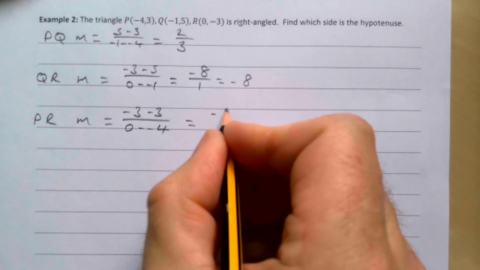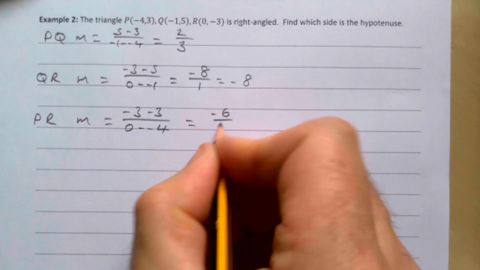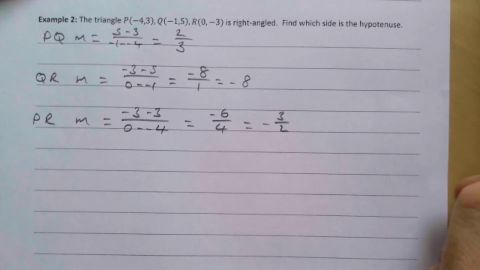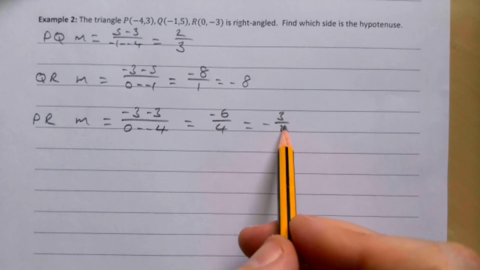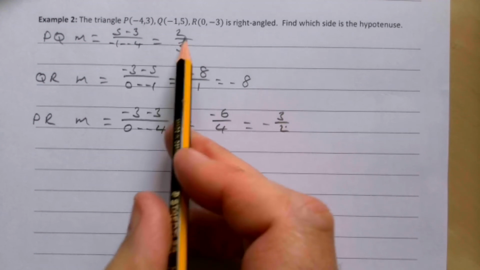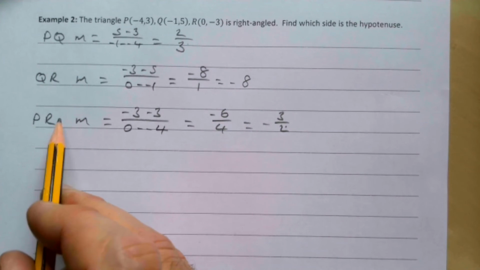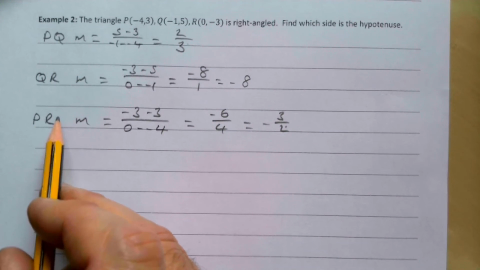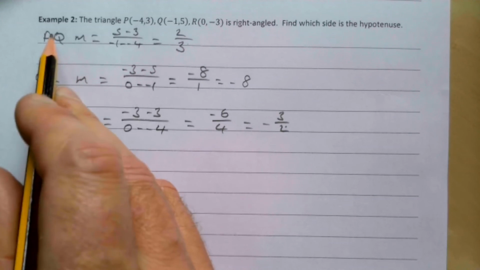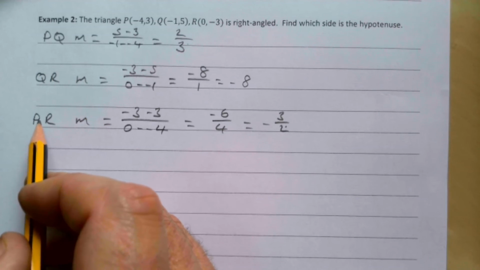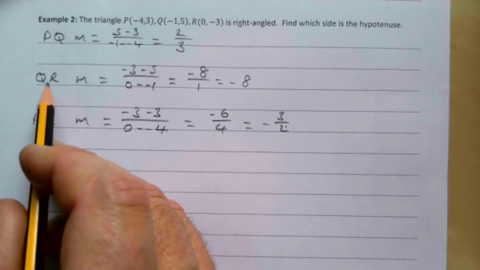So that gives me minus 6 over 4, which is the same then as minus 3 over 2. So this one here is the negative reciprocal of this one here. So PQ and PR are perpendicular, as in are at right angles to each other. So it must be the point P then. That is the right angle, so the one opposite that is going to be QR.